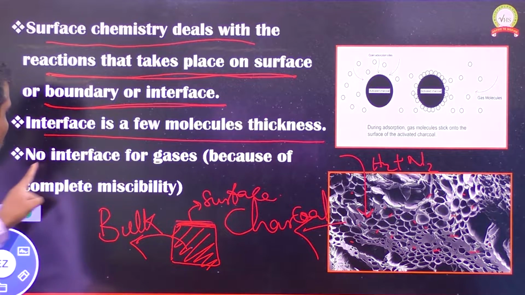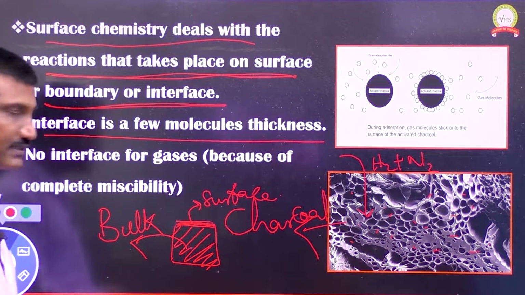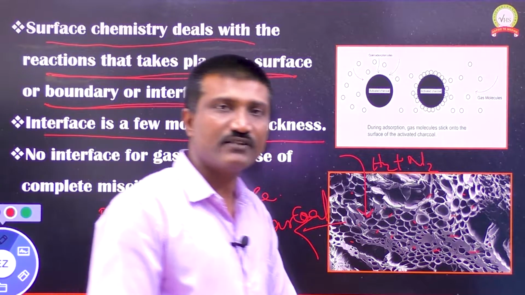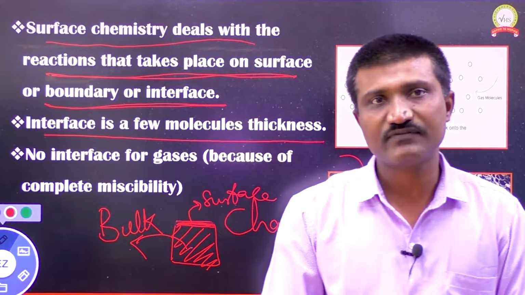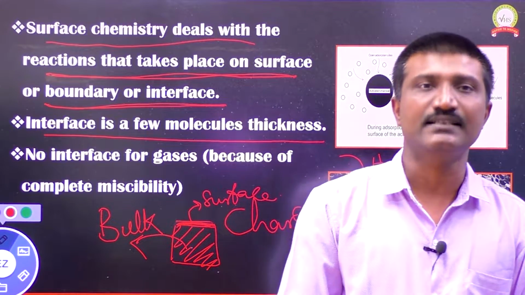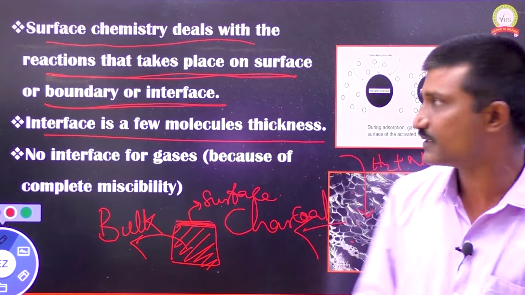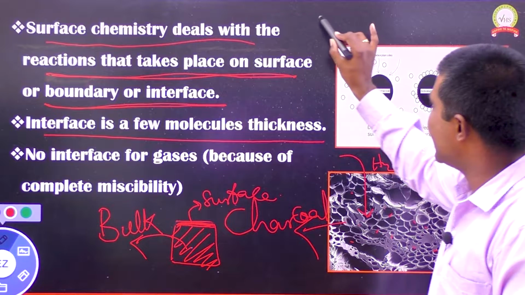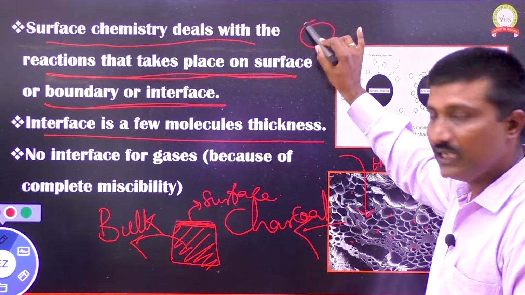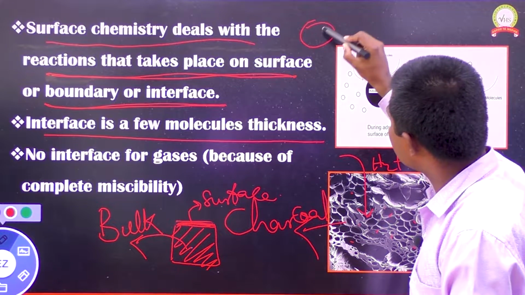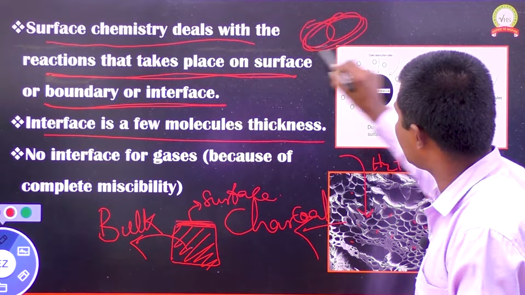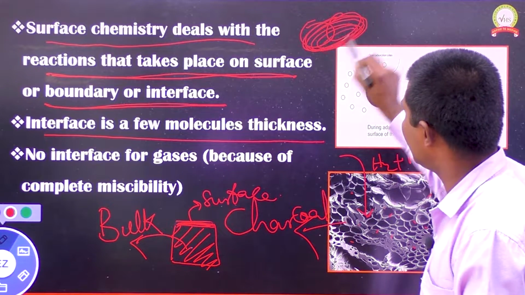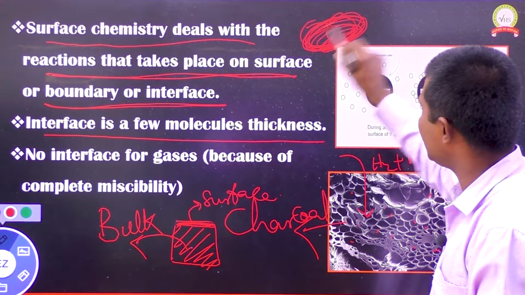So, there is no interface for gases. We can express surfaces for solids and liquids, but we can't express a surface for gases. What is the reason? If we mix any two gases, they will completely mix with each other.